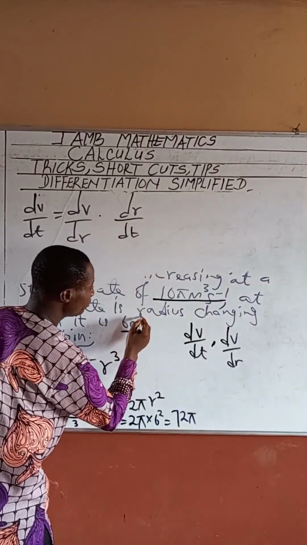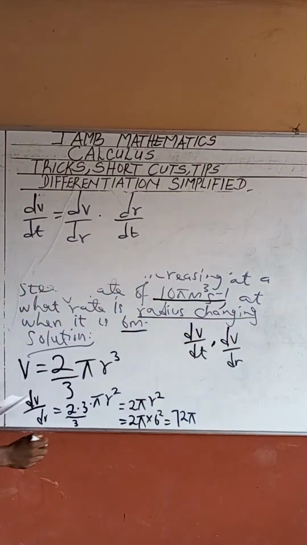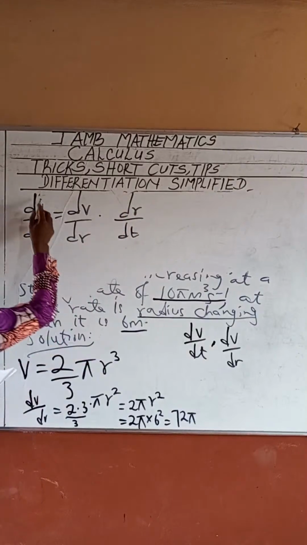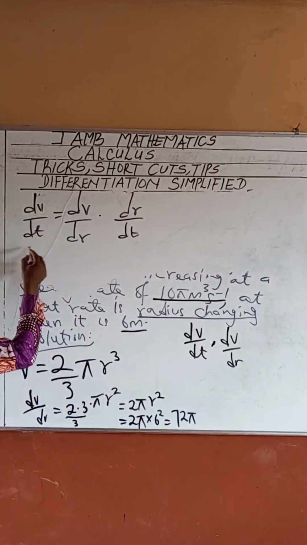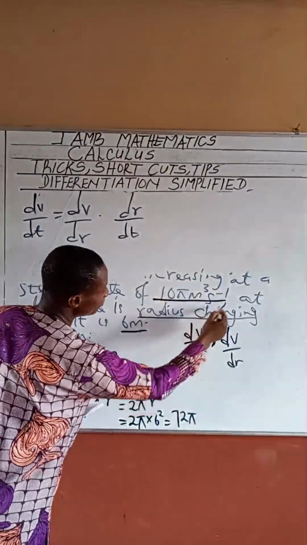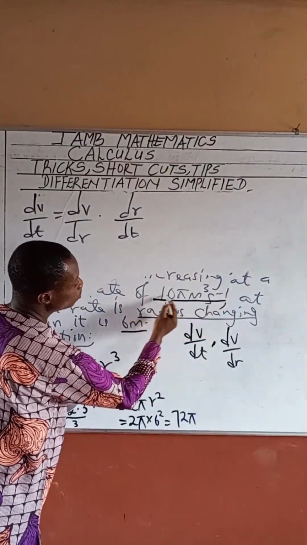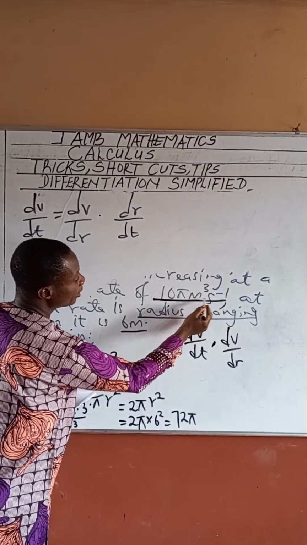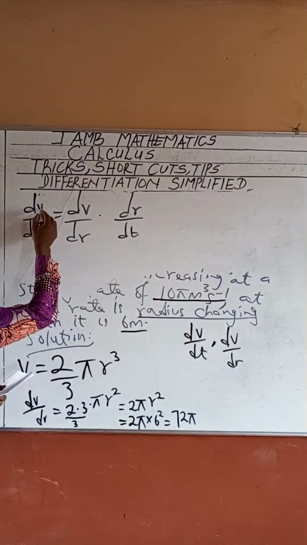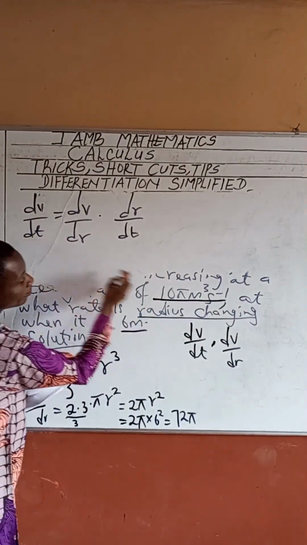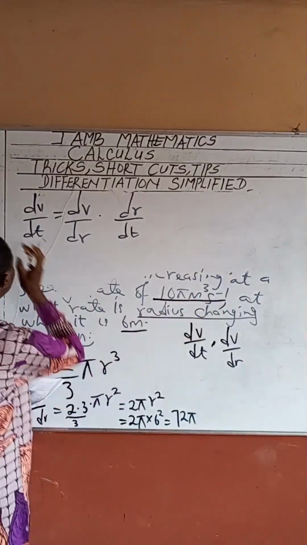Look at it, radius changing. We know this already, right? This one, what is it? Can you see it now? This one, 10 pi m cubed. That is dV/dt, because it's volume per time, change in volume per time. You get it now?